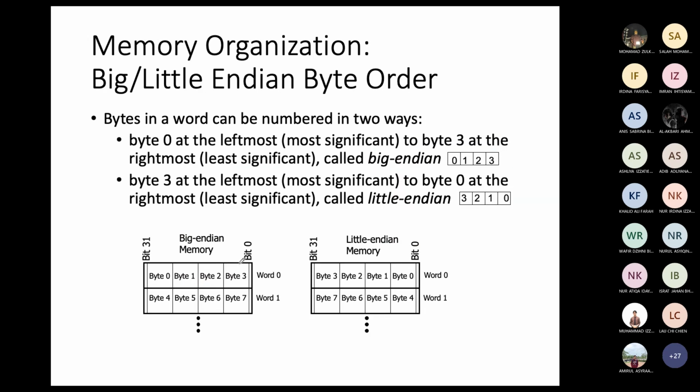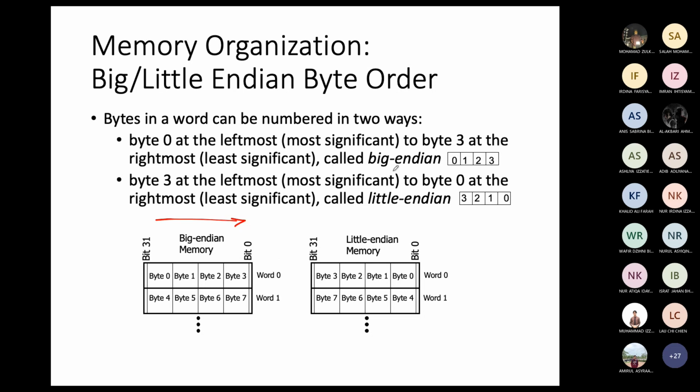When we arrange the bytes into 4 bytes, the bytes can be numbered in two ways. One is that we arrange it from left to right. So byte 0 at the leftmost becomes the most significant, to byte 3 at the rightmost, which is the least significant.